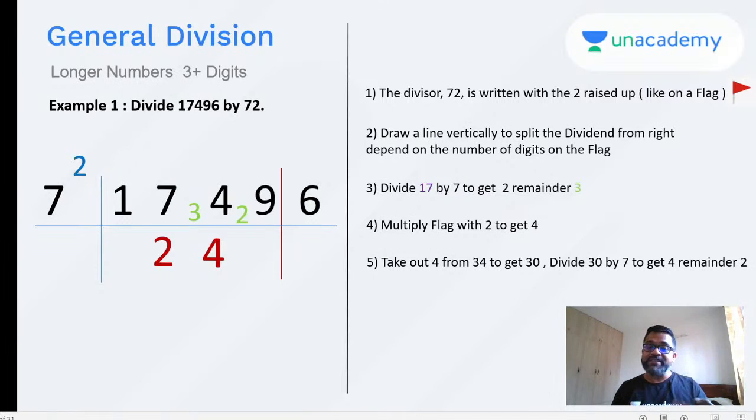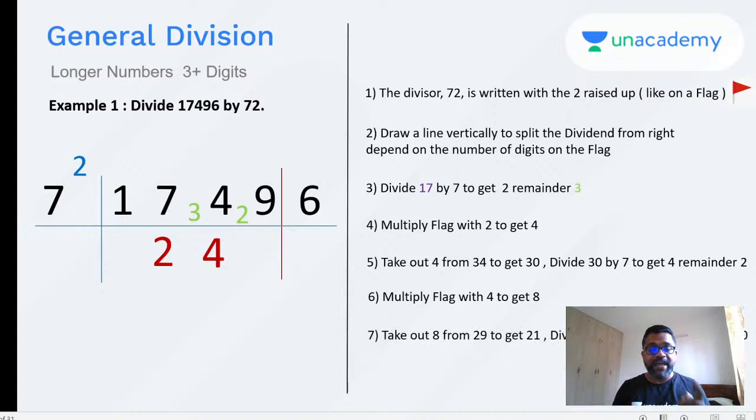Now I will repeat the same step. You know what I'm going to do? I will multiply 4 by 2. 4 means the last digit of my quotient, multiplied with the flag 2. I get 8. I subtract 29 minus 8. I get 21, right?